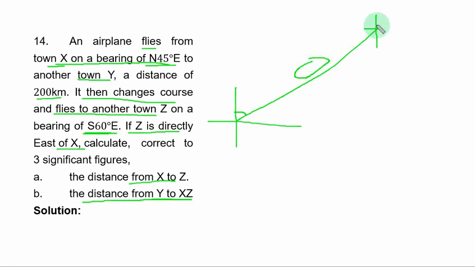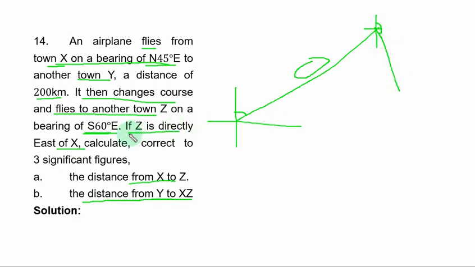At town Y, the airplane changes direction and moves to town Z, 120 degrees. That should be in the second quadrant. You have it somewhere here. But pause, come here.